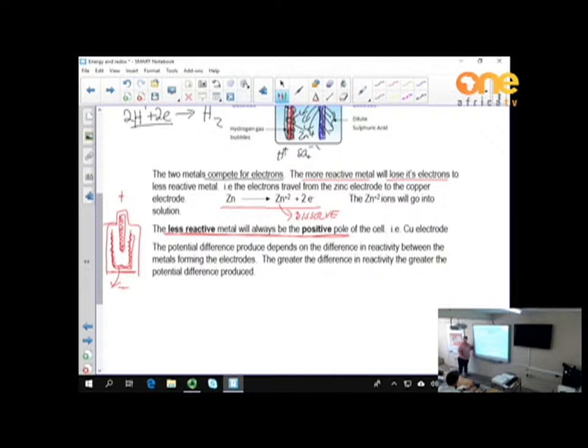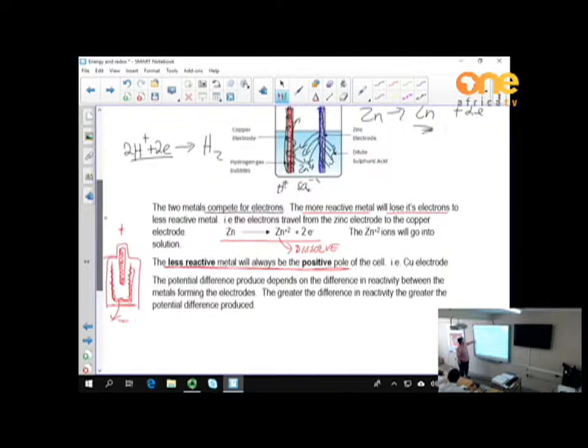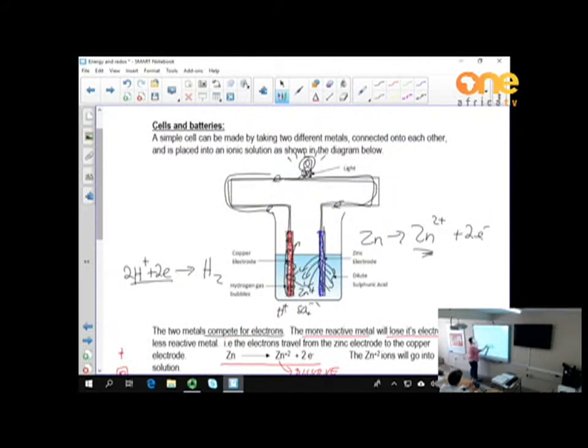That forms the positive pole. Just remember, it becomes confusing, but the less reactive metal is the one that will be the positive pole. So the copper electrode in this diagram would be positive and the zinc electrode would be the negative pole.